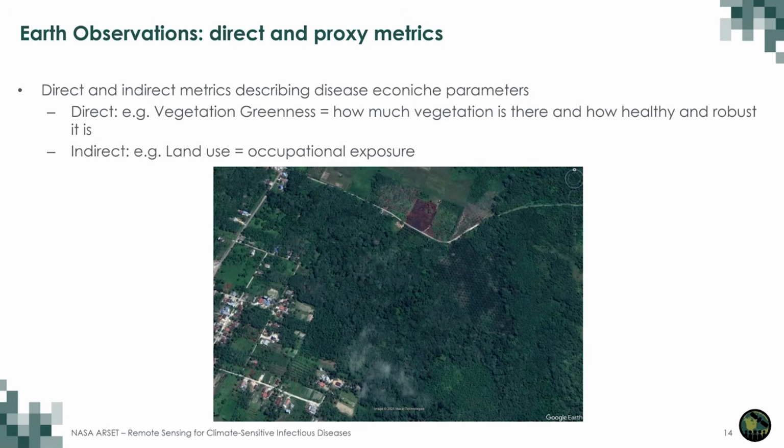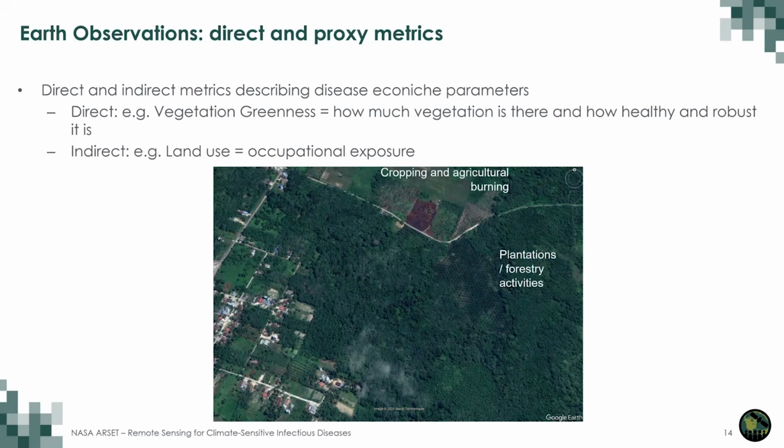But what we can also get is indirect metrics, proxy metrics. For example, in this case, looking at this image, we can see land use and infer the occupational exposure of people on the landscape. We can see the farming and cropping practices and agricultural burning.